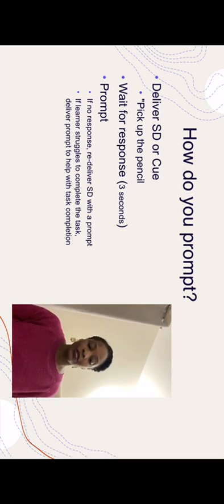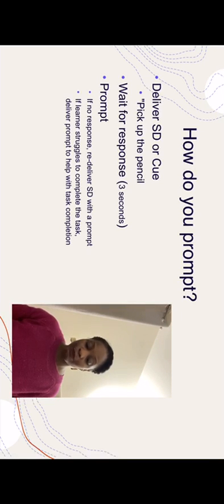So it's going to usually follow this sequence. Deliver the SD, wait for the response. If you need to move to a prompt because the client doesn't do it independently, you're going to re-deliver the SD with a prompt.